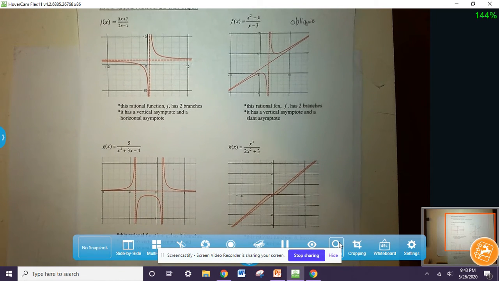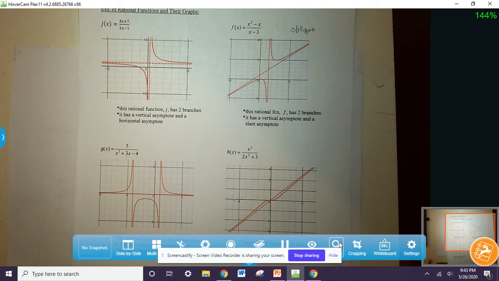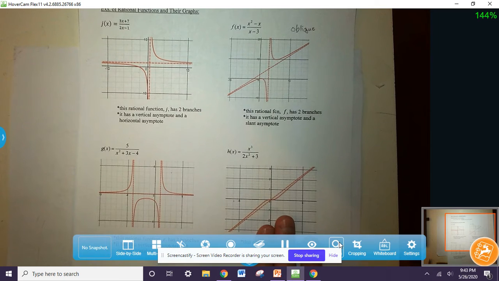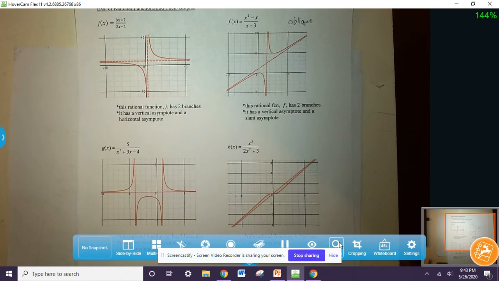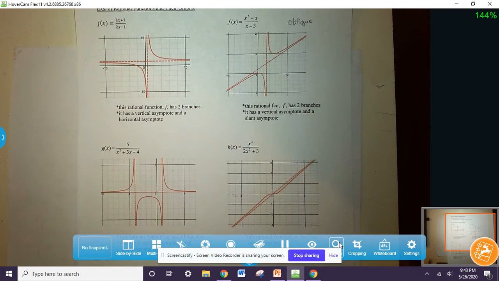So as it turns out, rational functions can have 1, they can have 2, they can have none like this one. And we could even make them with 3, 4, 5 vertical asymptotes. We probably won't see any like that. But for vertical asymptotes, it could be 0, it could be 1, it could be 2, it could be even more. Next question. Does every rational function have an x-intercept?